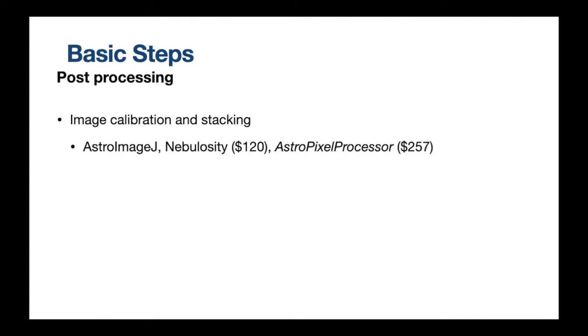So the next thing is post-processing, and you have to do image calibration and stacking, and these are the tools I found for doing this on the Mac. Astro Imager is actually what's used by the RASC, the robotic telescope, and in the tutorials they have on that, they use Astro Imager, but it's a bit manual. It's not completely manual.